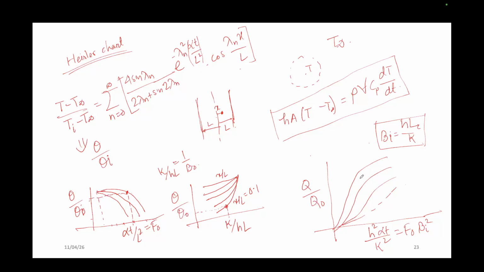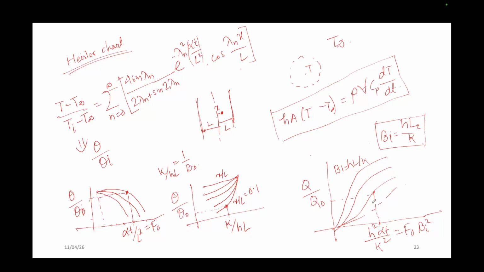And here, this is your HL by K, which is your Biot number, right? So if Biot number is known, and if you know a value here, say here it is the required Biot number, you can again draw a vertical line and the corresponding line. So you will get the heat loss Q, because Q naught is known to you. So you will get Q. Yes or no?